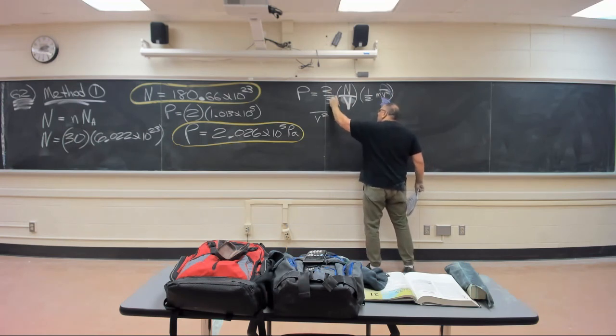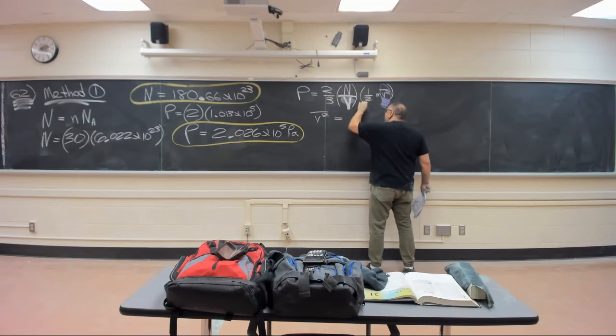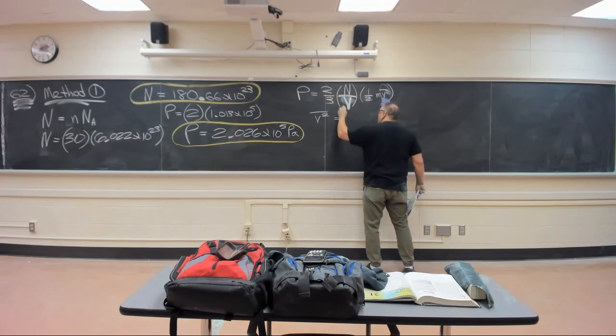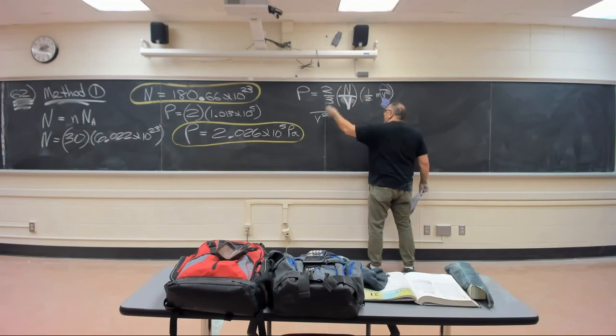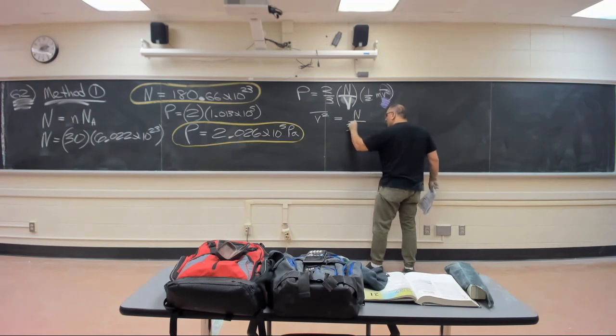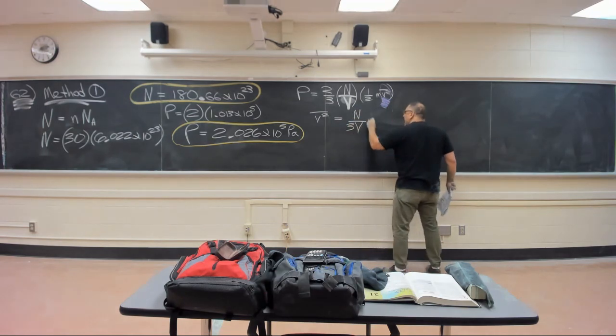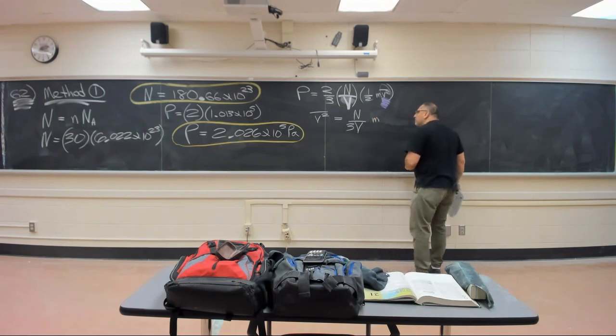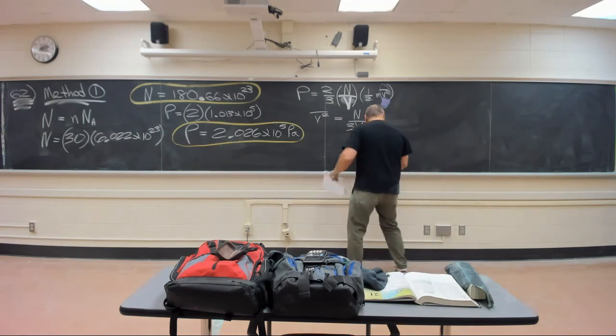2/3 of a half, that's basically what it is. 2/3 of a half, or half of 2/3, is a third. So it's going to come out to this.